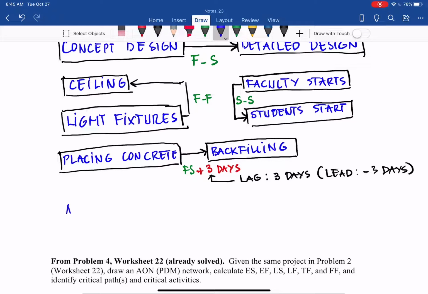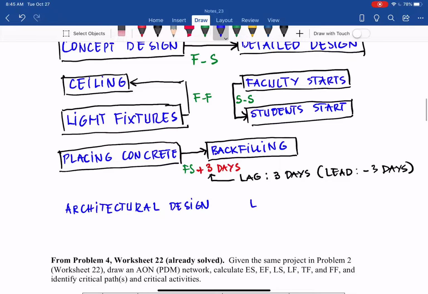So here, let me see, architectural design, and then you have engineering design after the architectural design is complete.